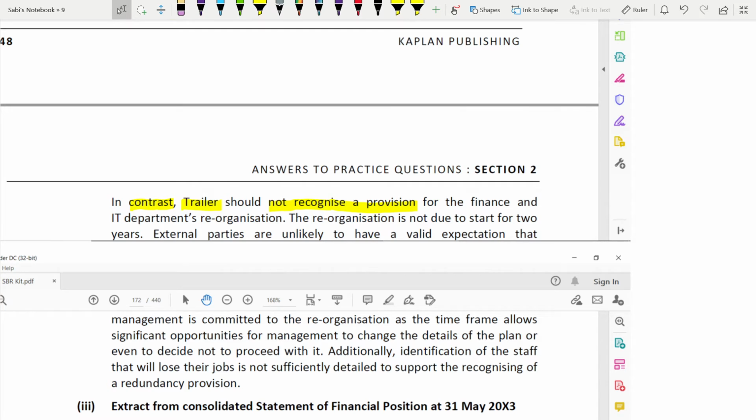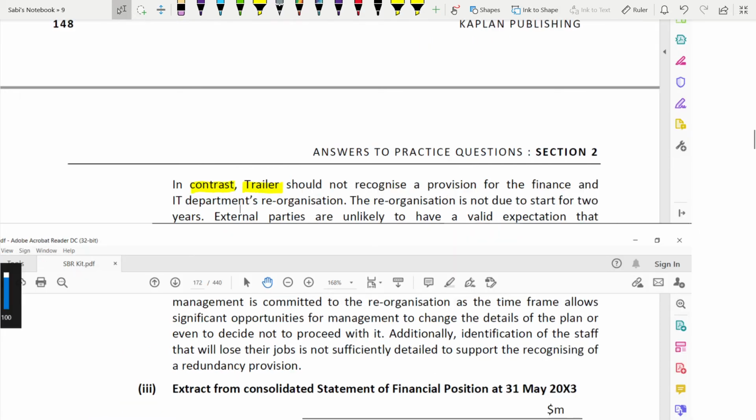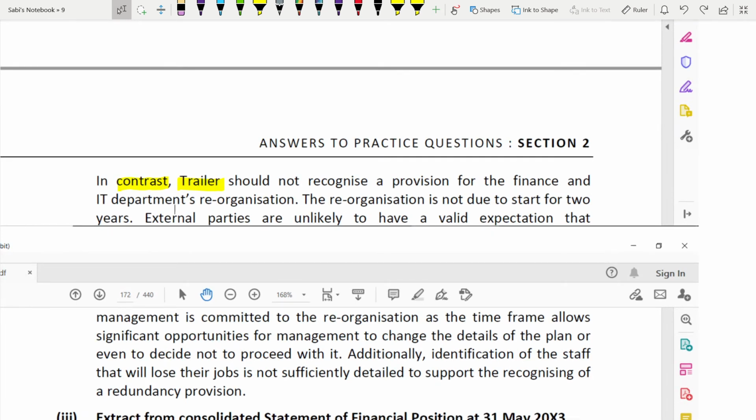I'm trying to highlight. Oh God, I don't know what's wrong with this. I'm trying to work it out, but it's not happening. Okay, never mind.